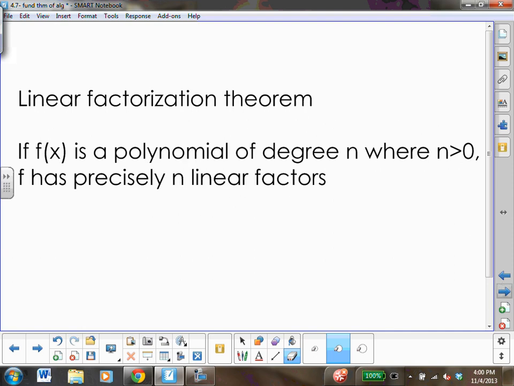The linear factorization theorem states that if f of x is a polynomial of degree n where n is greater than 0, f has precisely n linear factors.